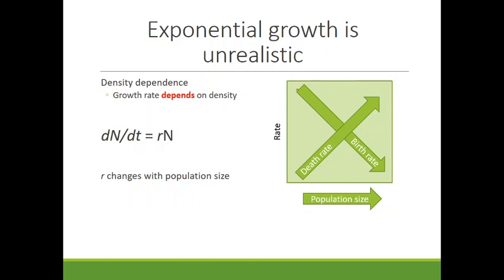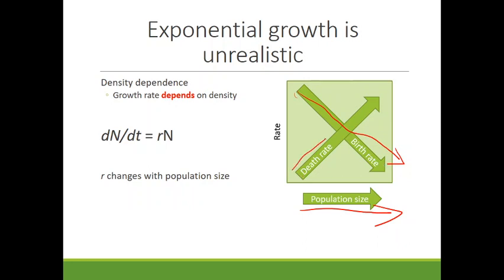So birth rate is going to be really high. But as the population size gets bigger, birth rate will start to decrease, because individuals will run out of food and won't have as much energy to put into making babies.